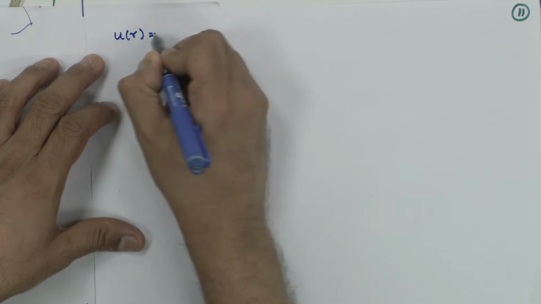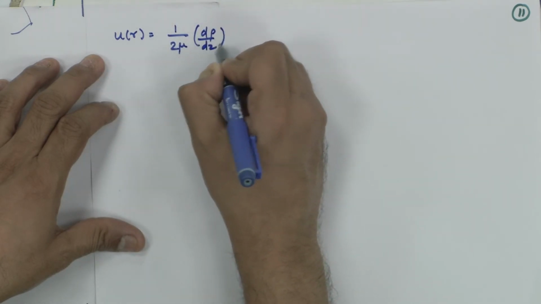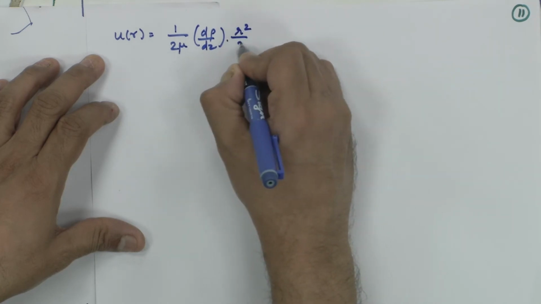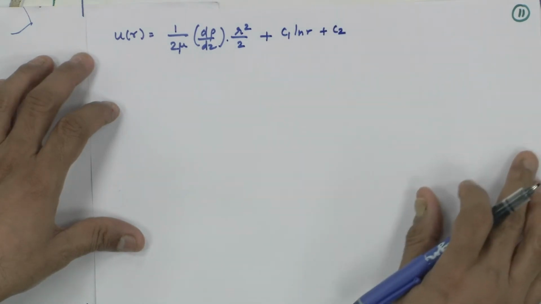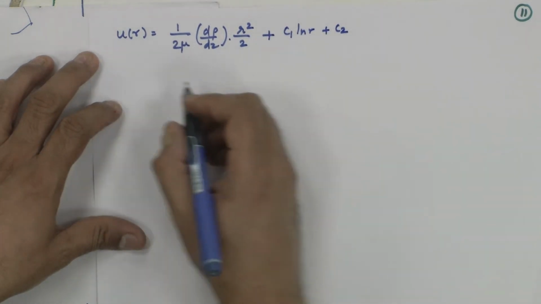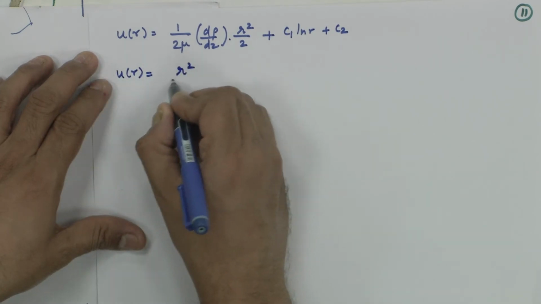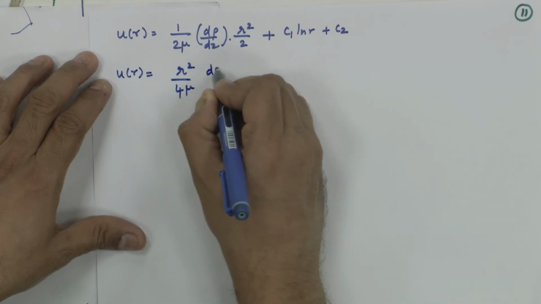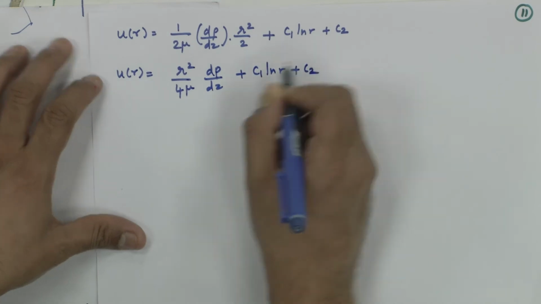So, then we go and integrate the second time. So, integrating again I get u of r is equal to 1 by 2 mu dp by dz as it is. R integral is r squared by 2 plus C 1 log r plus C 2. So, which is written now in a nice way as r squared by 4 mu dp by dz plus C 1 log r plus C 2.